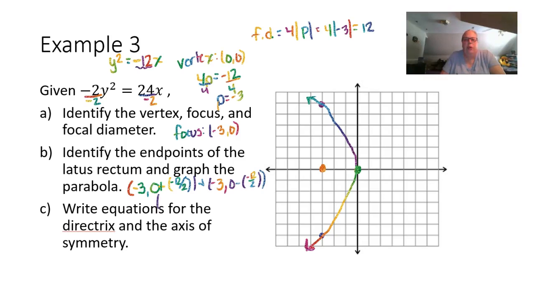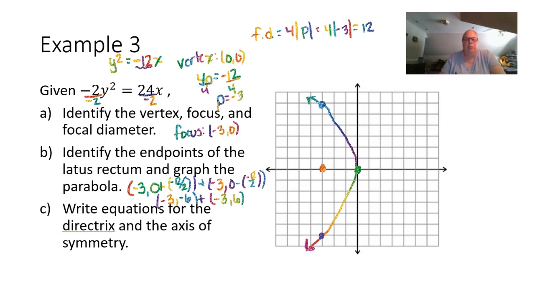And this will give me the point -3, let's see, 12/2 is 6. 0 minus 6 is -6. That's this point right here. The other endpoint, we got -3. 12/2 is 6. 0 plus 6 is going to give me a +6. And that is this point right here. So we actually have our endpoints right there.